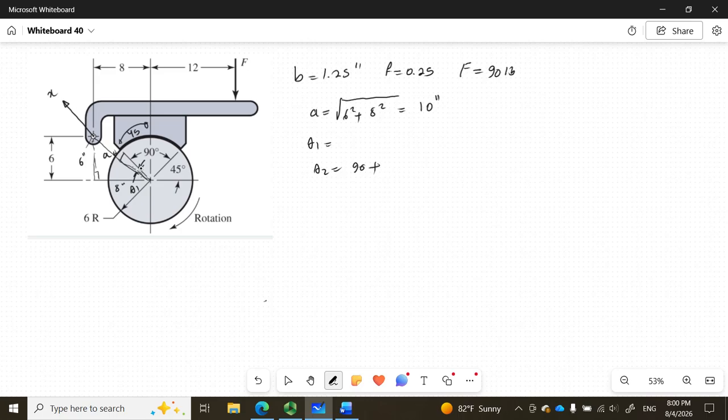This theta 1 angle, how do I find it? Okay, if this one is 45, the remaining angle from here to here is 45 too. So this theta 1 I showed here is actually the difference between 45 and, let me see if I can zoom it.